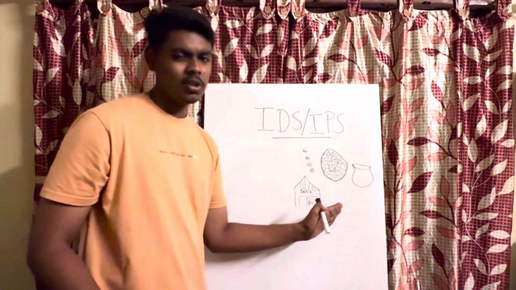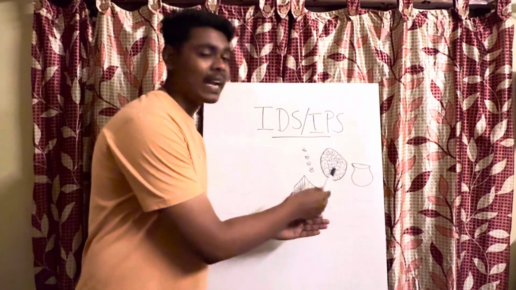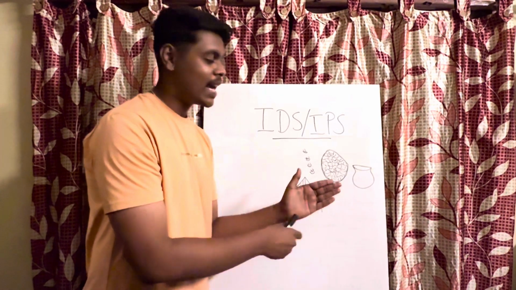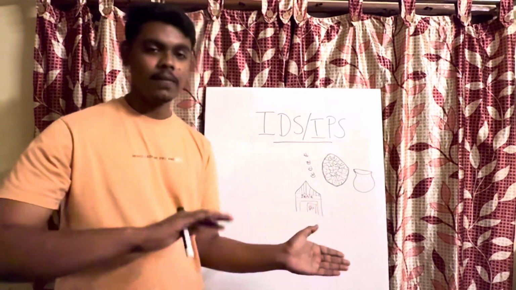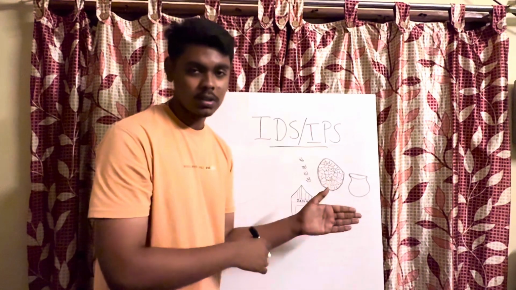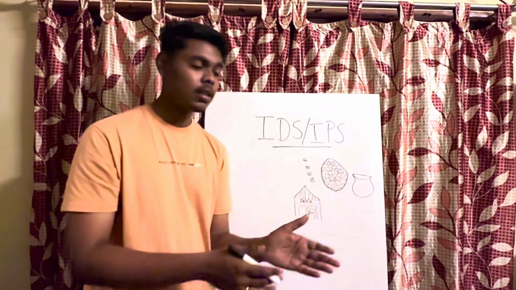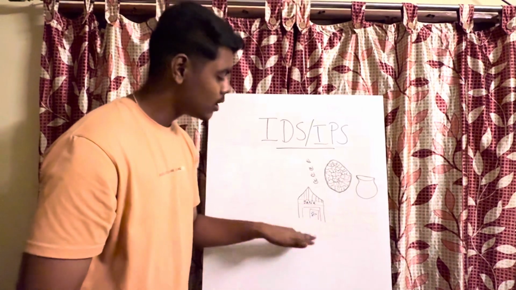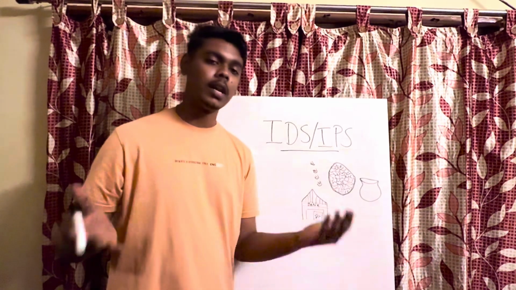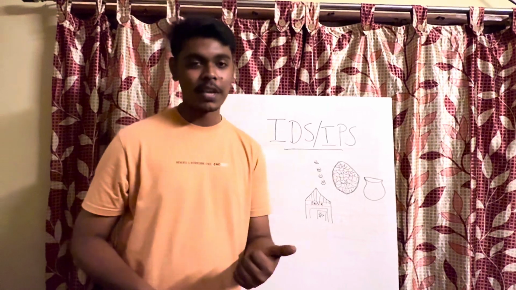Once your attackers attack here, your IDS will pick up all of the attacks and log them. After they finish attacking, you can take those logs from the IDS and update the rules in your IPS system so that such attacks can be prevented in the future and your bank will be safe.